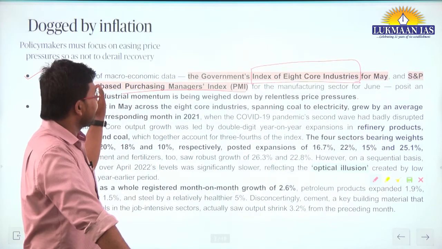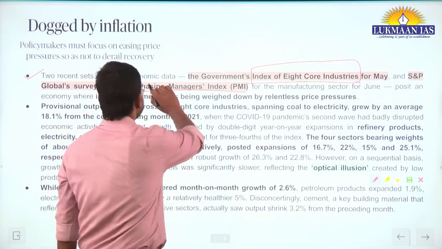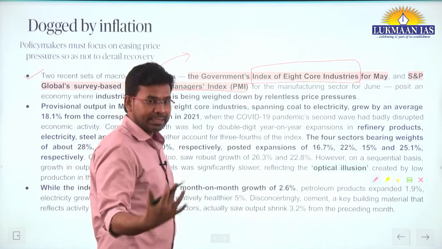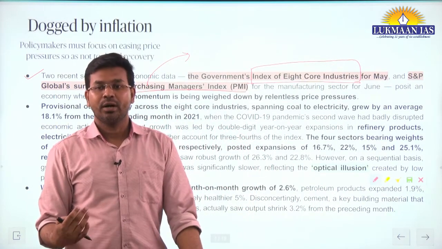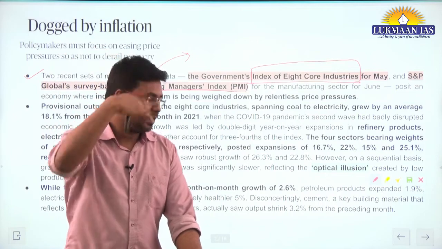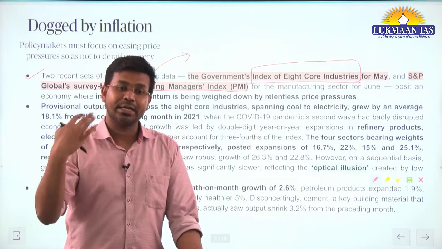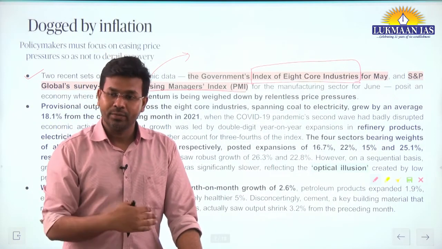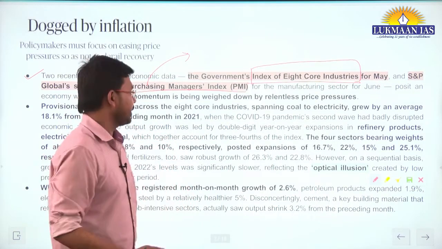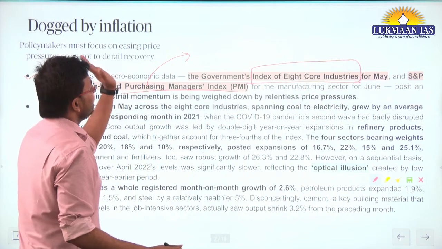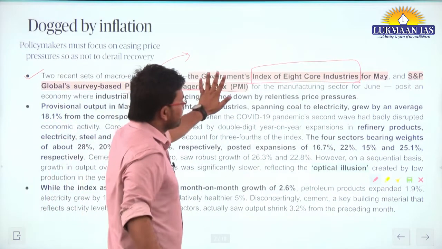And during this particular period, according to this data, the fiscal deficit in the month of May was more than 50% of what was accounted for the entire financial year 2022-23. So now they have mentioned this particular thing.